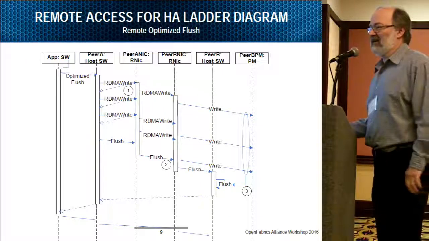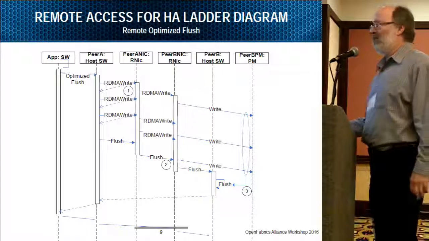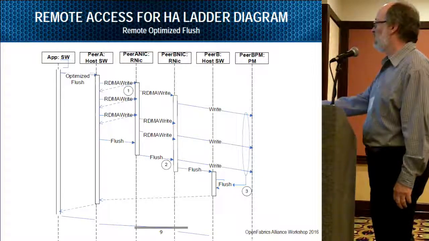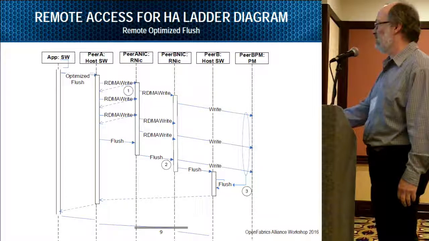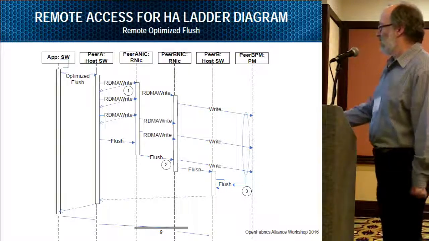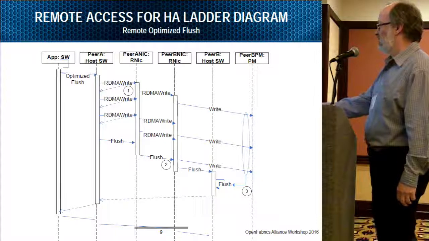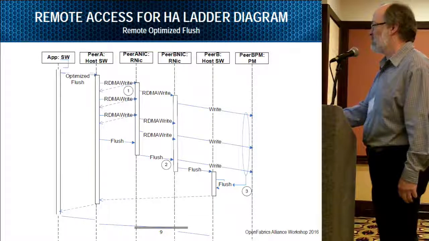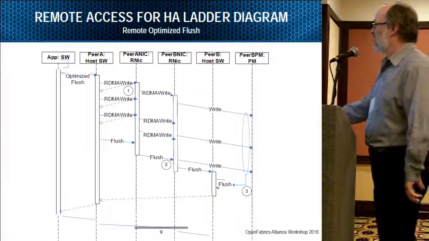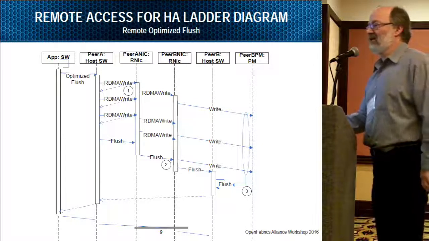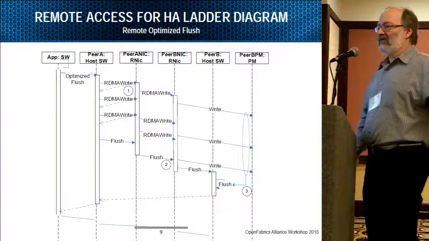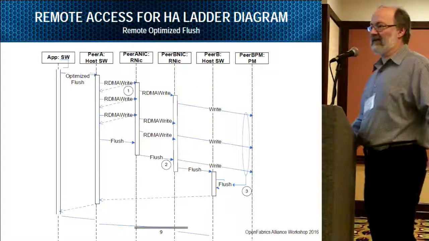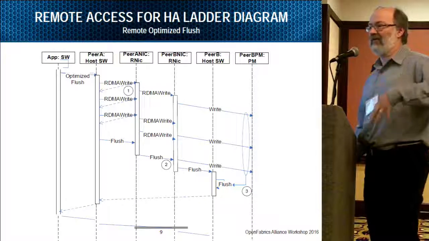This is something that's not in a normal ladder diagram, but it says that this flush operation, which if you implement it today, you pretty much had to talk to the remote CPU in order to do, makes sure that all those things reached persistent memory, and then the flush can finish, and then the optimized flush can finish. So this is one way of viewing, from the point of view of the NVM programming model, the kind of activity that has to happen in order to get remote access for high availability.